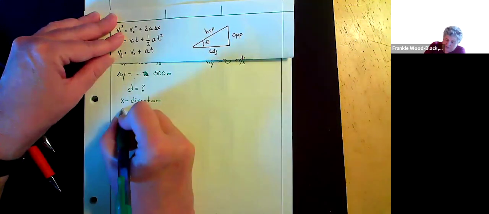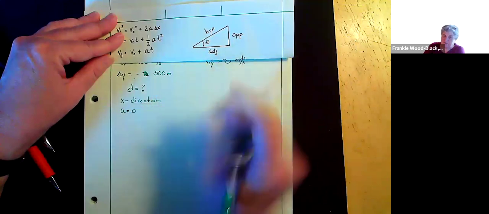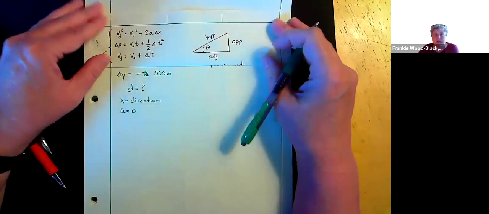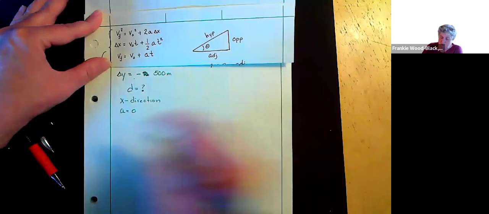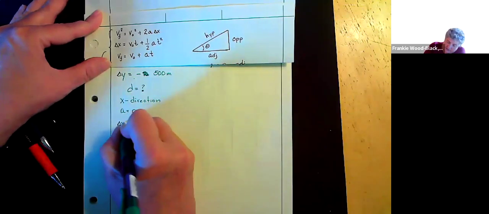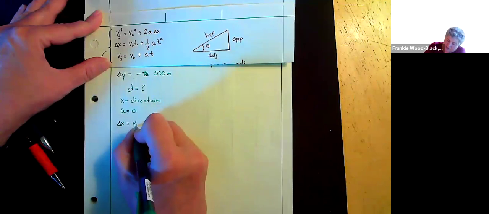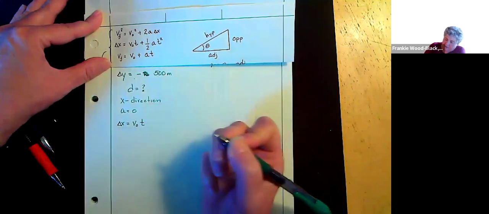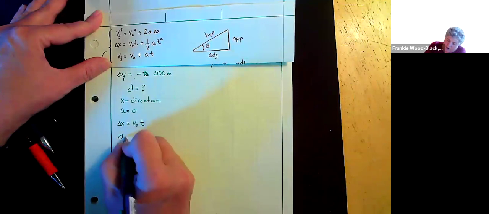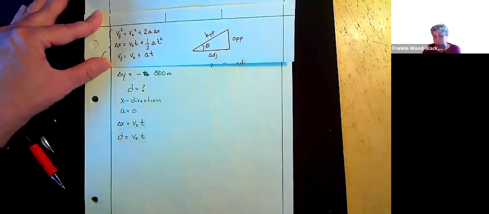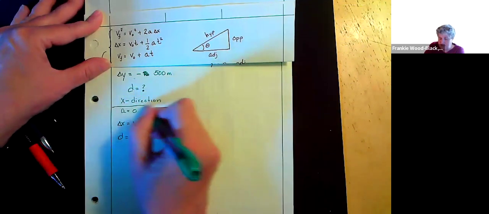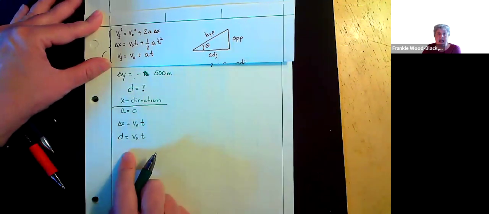In the x direction, the acceleration is equal to 0. Once it leaves the plane, there's no acceleration. So my change in position is equal to the initial velocity in the x direction times time. And that's the only equation that we have for the x direction.